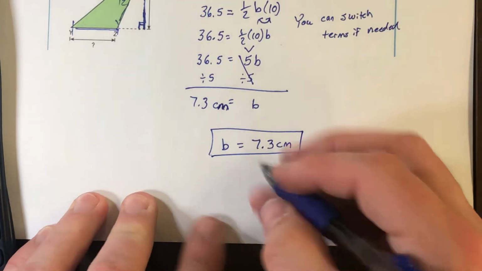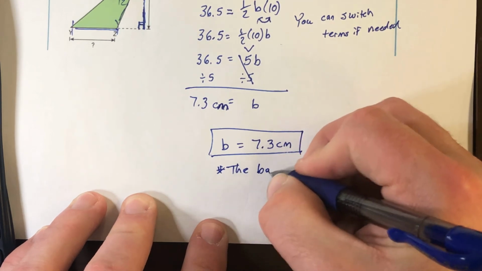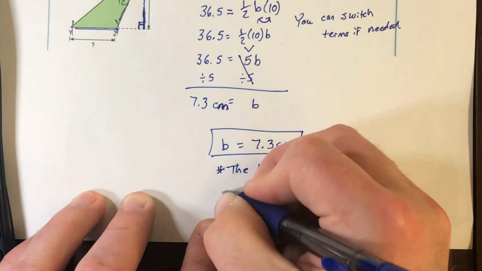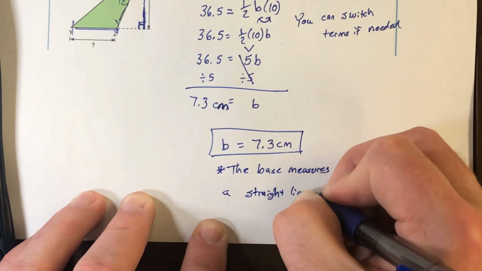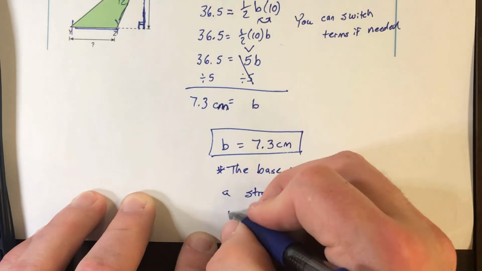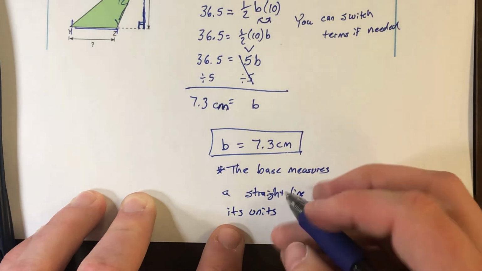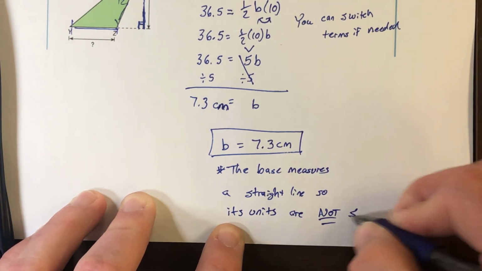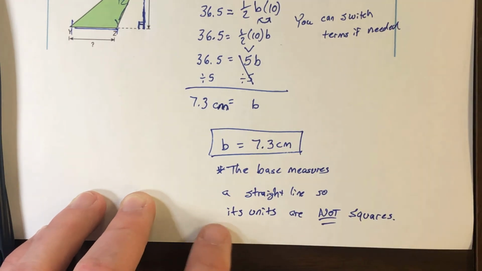Again, the base measures a straight line, so its units are not squared. We're not finding out how many squares will cover a surface. We're not finding area.